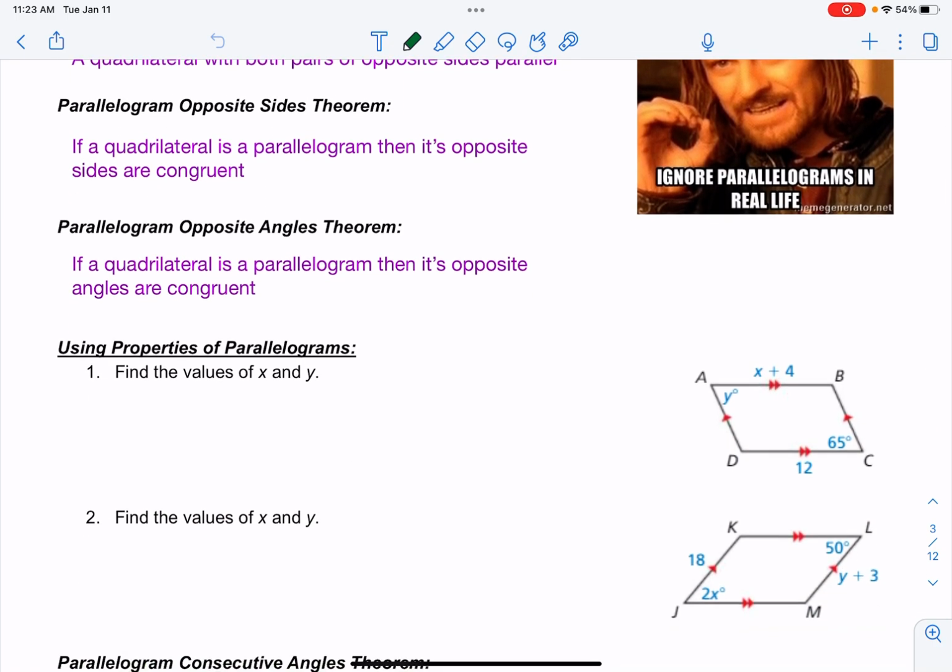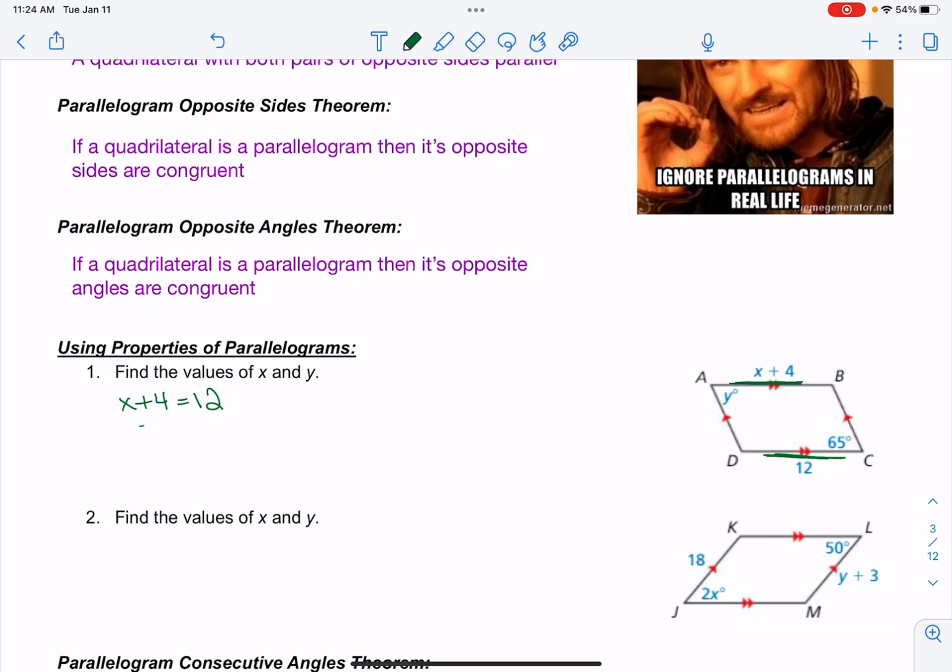So in these first two examples, the first one says to find the values of x and y in the image off to the right. So they tell us that our opposite sides are parallel. That's what those red arrows tell us. And we know from our theorems that opposite sides are congruent. So that means that AB here is congruent to DC, right? Those are opposite sides. So we can say x plus 4 equals 12.